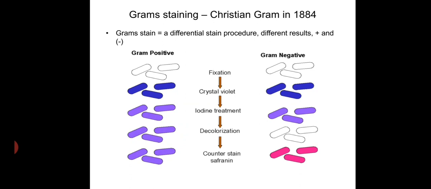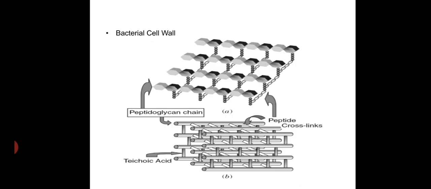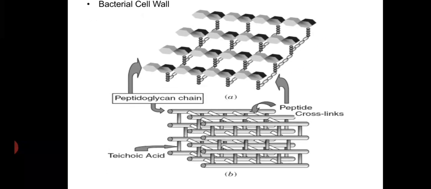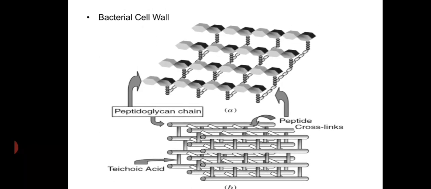This may also be linked to membrane lipids, in which case these are known as lipoteichoic acids. So the teichoic acids may be linked with the membrane lipid, and in such cases they are known as lipoteichoic acids.